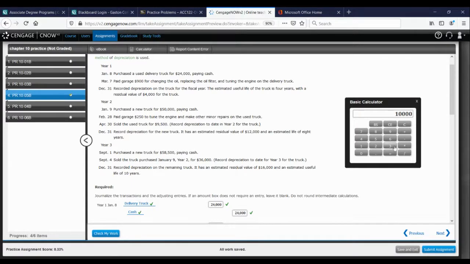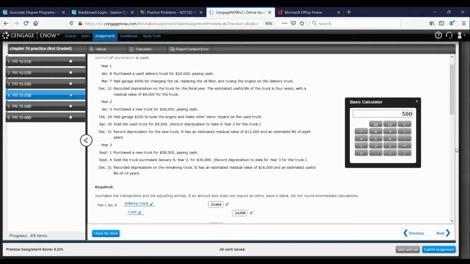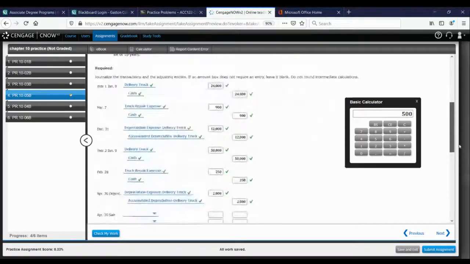So we're going to have to record that loss, which is the difference between the book value at the date of sale and the amount that we sold the asset for. So we're going to back out $9,500, and what that tells us is that we have a $500 loss.